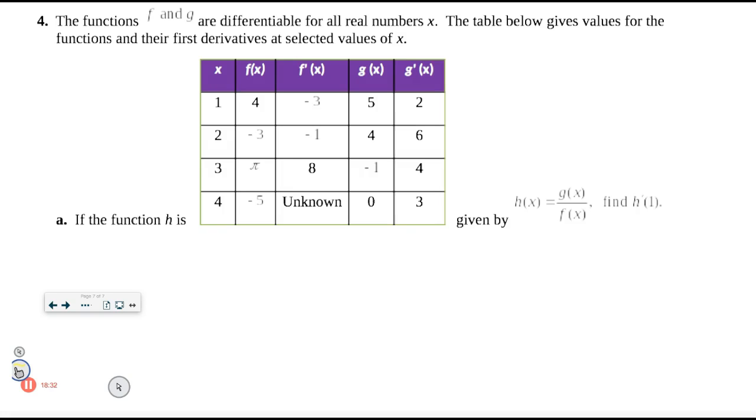So the function h is given by a quotient. So this is a tabular check of the quotient rule because it says to find the derivative at 1. Although I don't know what g and f are, so I can't go to a computer and have it do it, right? Now if this was sine x over e to the x, there's a zillion programs out there that would do it.